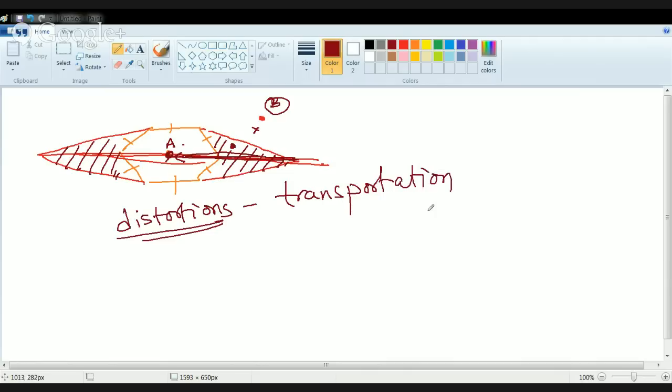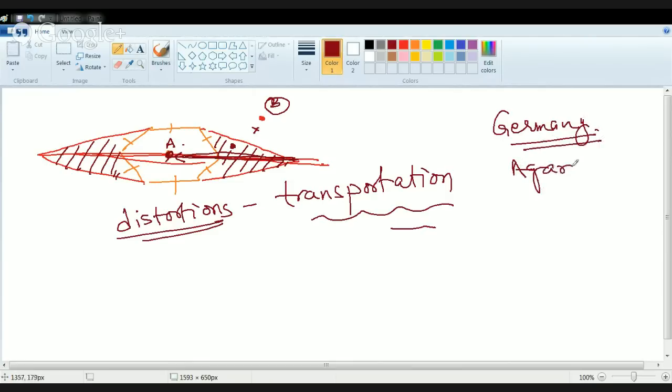So here are the distortions that were also considered for the transportation concept given by Christaller. We can say that Christaller gave a theory applicable to the model propounded in the 1930s in Germany, which mainly dealt with an agrarian setup and small farmsteads that had to fulfill their demands from the huge city centers. But this really does not work a lot in the present day situation.